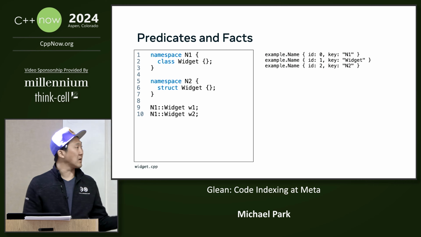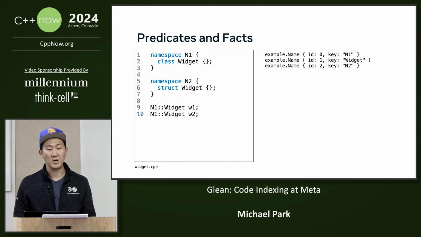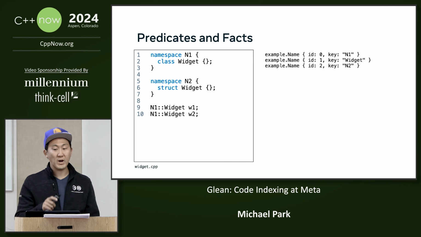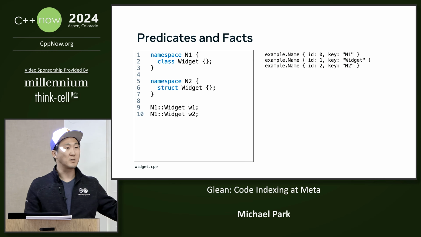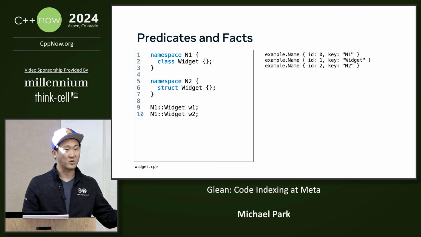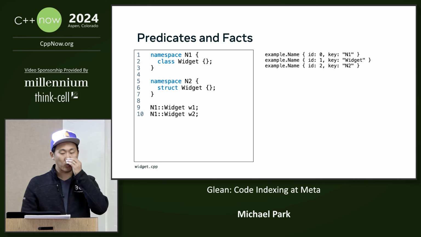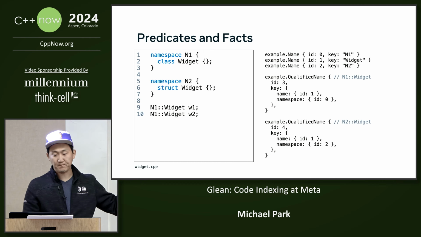On the left is an example of code that we might want to index. 10 lines of code. It's still a lot of work. On the right are some example JSON format data entries that this indexer would have produced. So it would see names N1 and N2, as well as widget. The qualified names might be N1 widget and N2 widget.